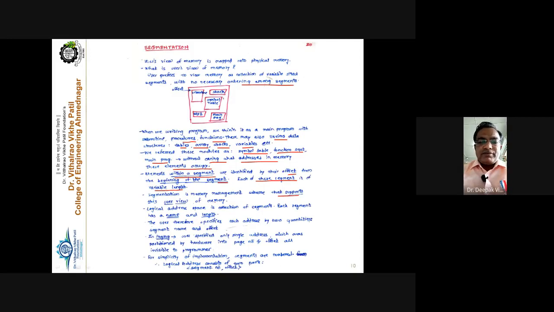In a very simple way, we can define segmentation like this. Suppose we have written a main program in C. That program may have certain subroutines and functions; square root is one function, and it has some other subroutines too. So you can have one segment for the main program, say stored in memory locations 100 to 200; that is the segment length.